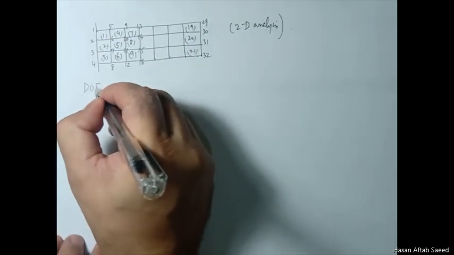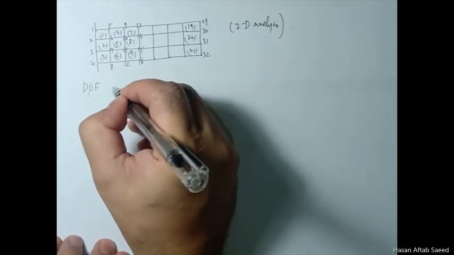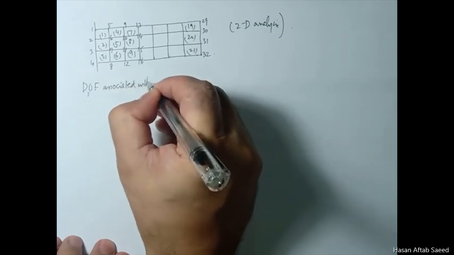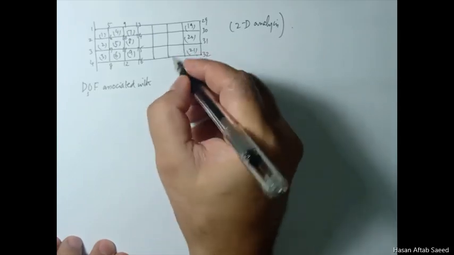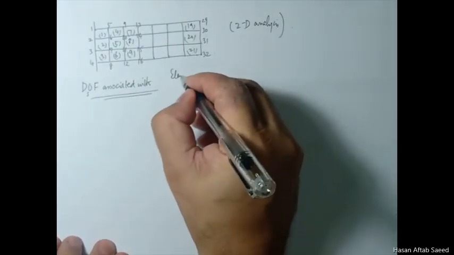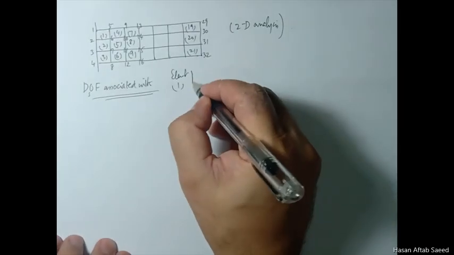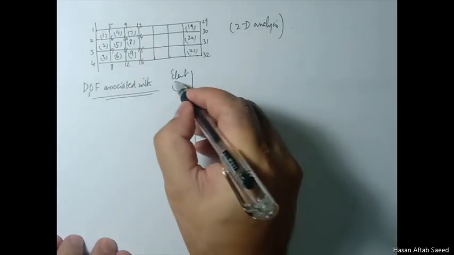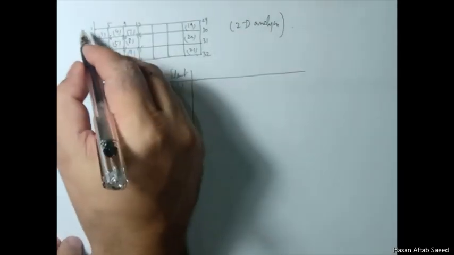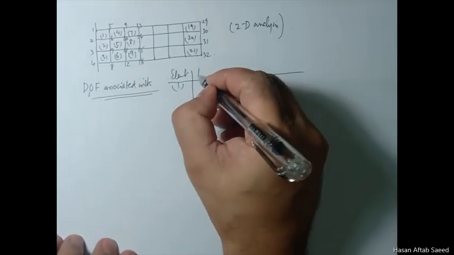Let's say degrees of freedom associated with element 1. Let's see from our connectivity. Element 1, you'll have nodes. These are nodes.